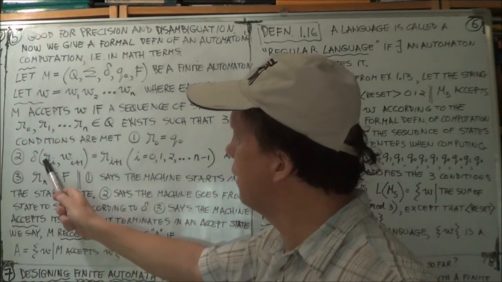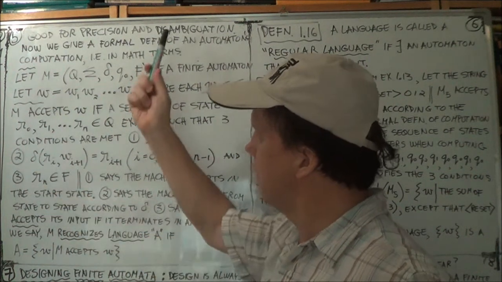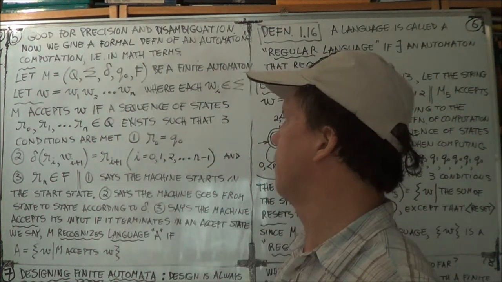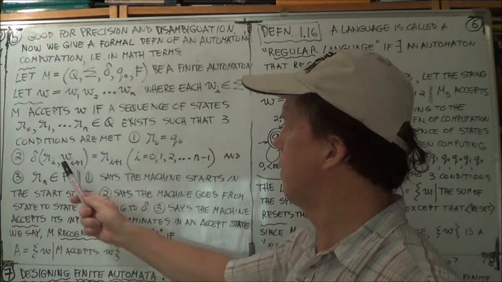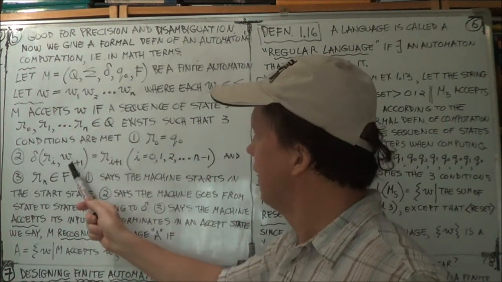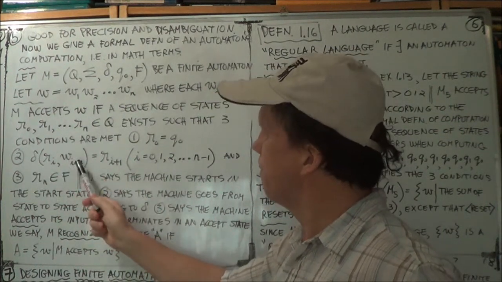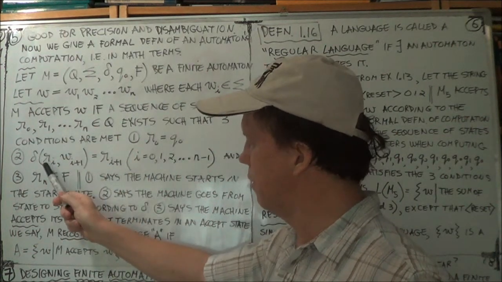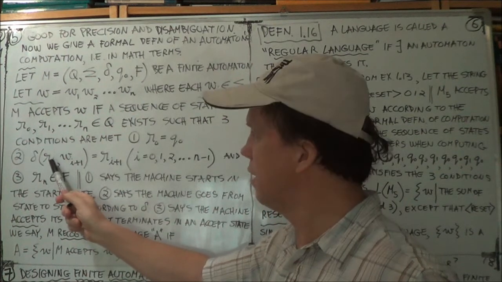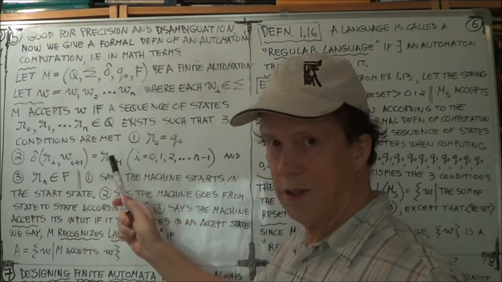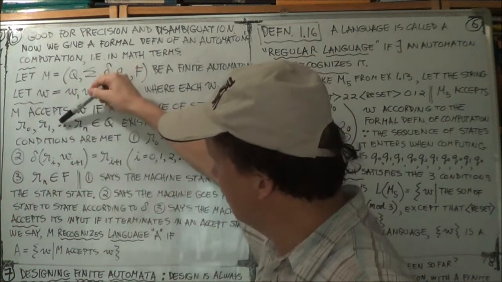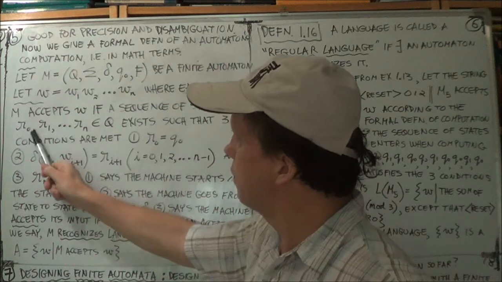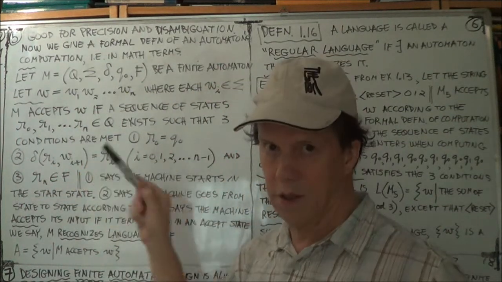So in other words, if you're in state Ri and you read the next symbol, technicality here, W i plus 1, then you have to switch to R i plus 1. So your next state would be R i plus 1, the next one in the sequence. So these transition rules give you the correct sequence of states as you go through.